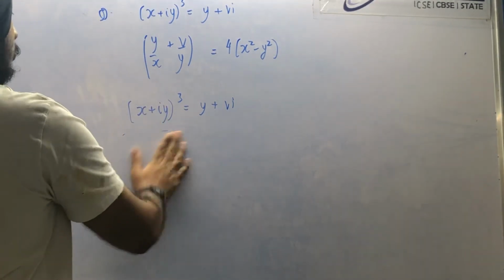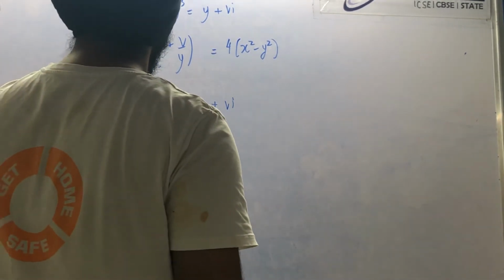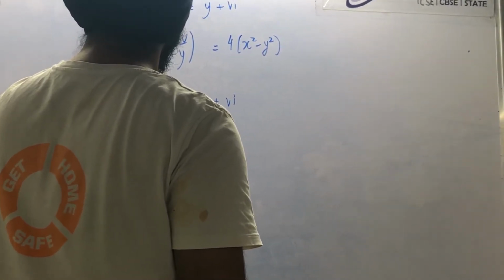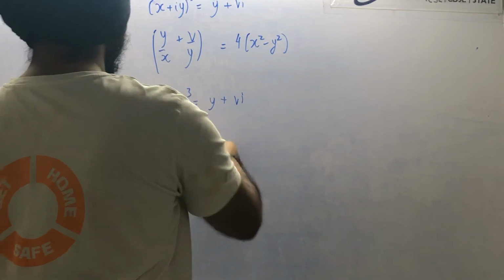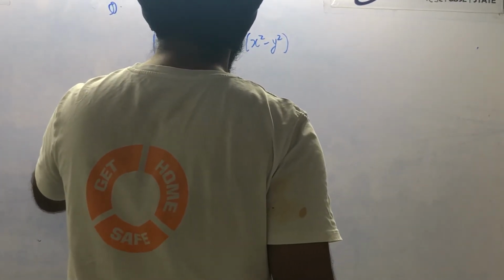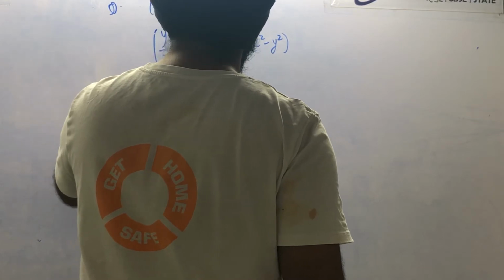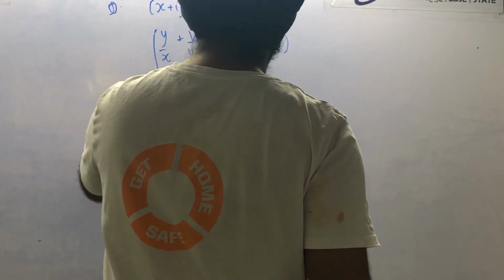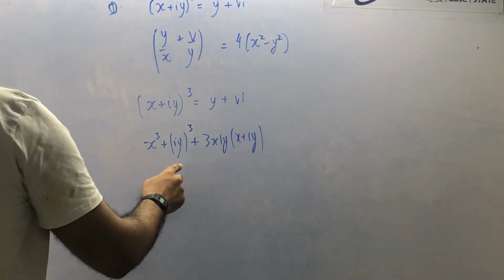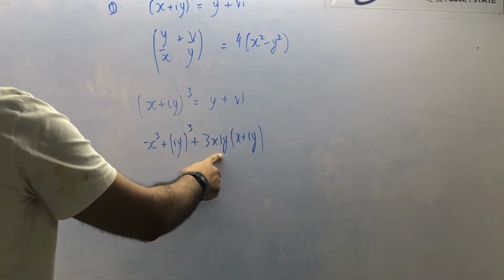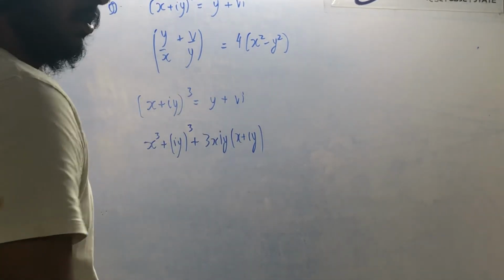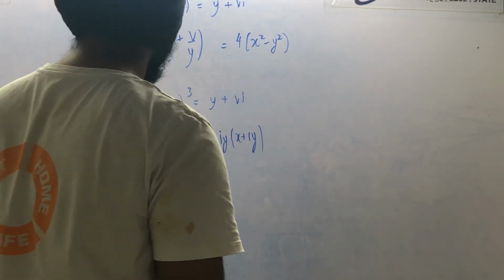So (a plus b) whole cube is a cube plus b cube plus 3ab into (a plus b). We use this relationship here. So just open the brackets now.